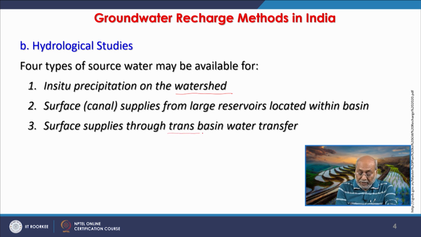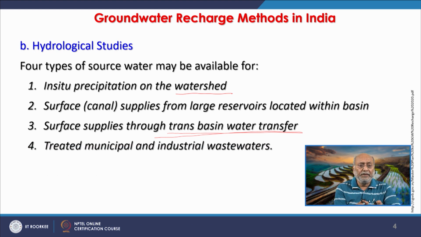Indirectly, what we are saying here is the interlinking of rivers. At local level, in some places this kind of trans-basin water transfer has been done. A project about to be completed in central India is the Betwa-Son water transfer, and there are other such interlinking projects.